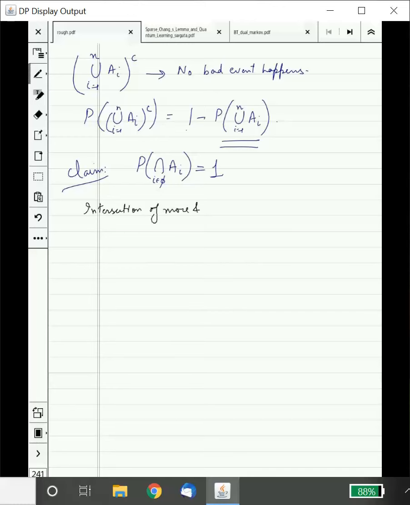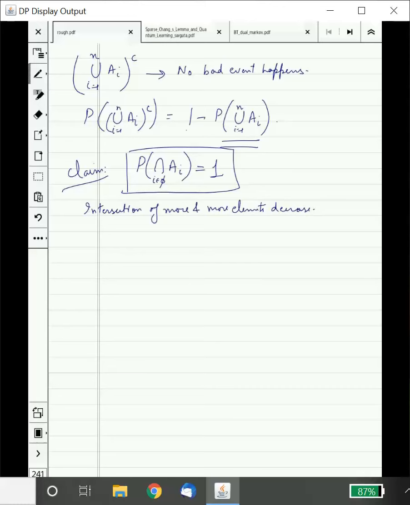If I am taking intersection over the empty set, that means there is no intersection, then the probability should be maximized. So this you can assume as a convention, or you can convince yourself that this is 1. This makes sense. Intersection of more elements decreases the probability, so for the least number of elements, the probability should be maximum, which we call to be 1.